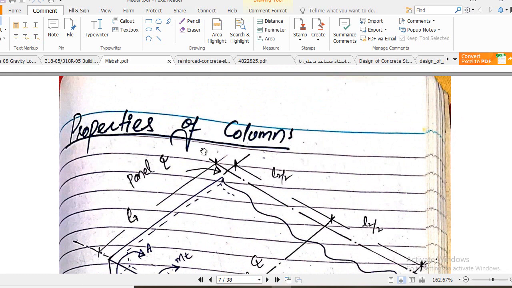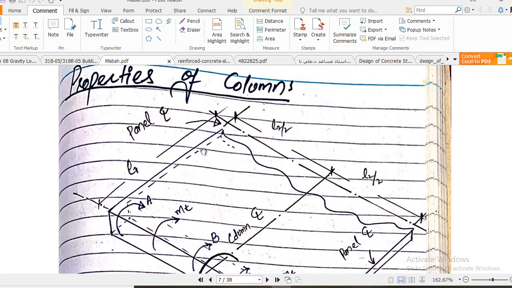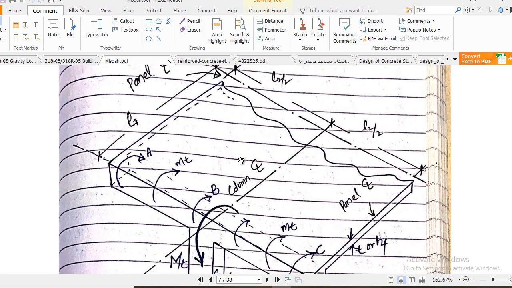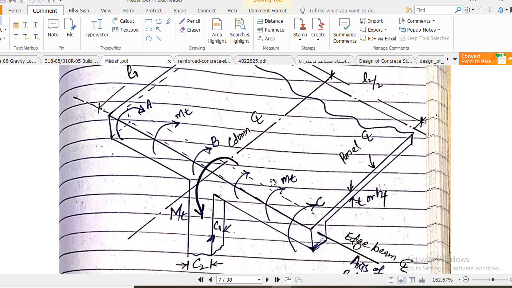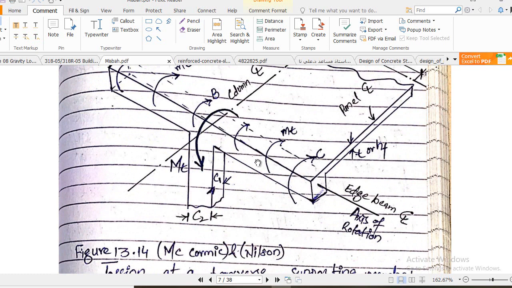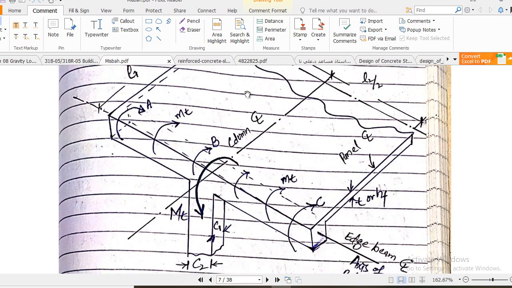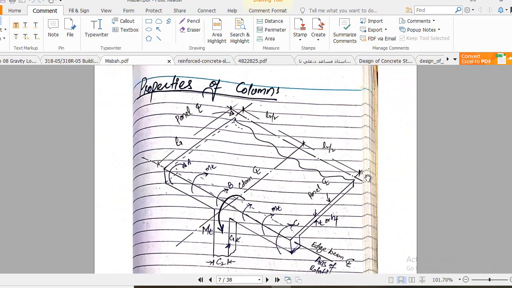in the equivalent frame system. And in the equivalent frame system you see that here we have a column, and in the equivalent frame method we use the concept of a transverse beam or a torsional member, which is known as the torsional member. In this figure, you see that there is a beam which is running transverse to the analysis direction. This is our direction of analysis, okay.